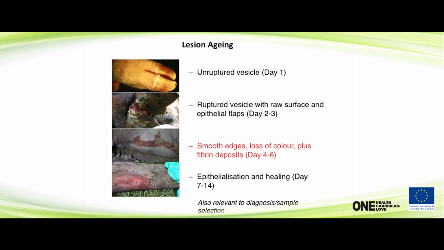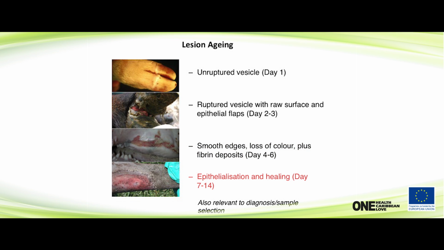This is not much good for foot and mouth disease diagnosis, and you would be hard-pressed to get a decent sample from that animal. You could take a blood sample, because there might still be a viremia, and you could look for early antibody, and you could also take a probang sample to look for virus in the throat.